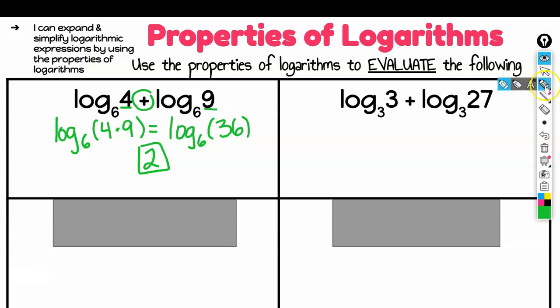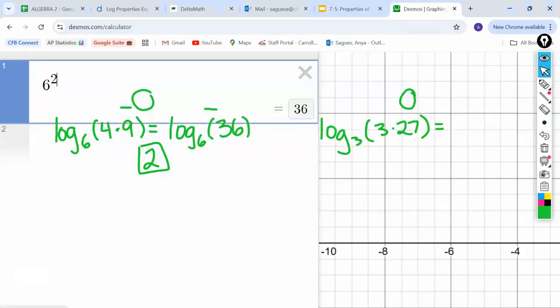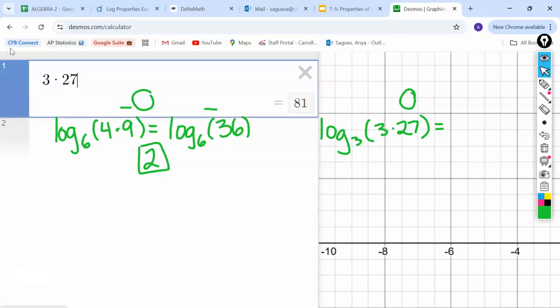Now for the next problem, I do something similar. I am looking at the product property again because I see plus, and then I have 3 times 27. Now, I don't know what 3 times 27 is off the top of my head, so I'm going to be using Desmos to help me out. 3 times 27 is 81, so log base 3 of 81.